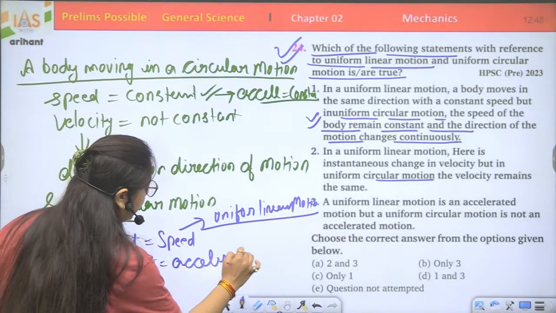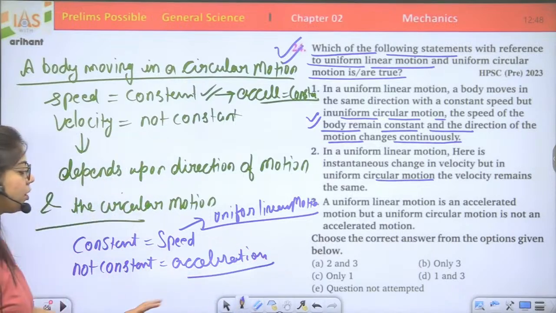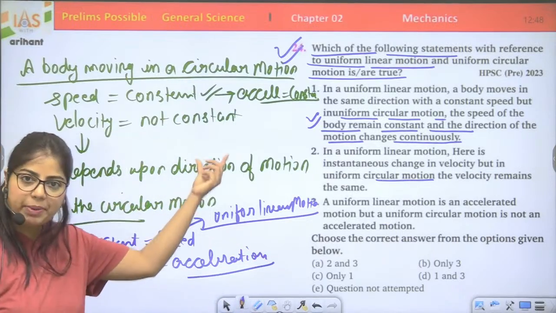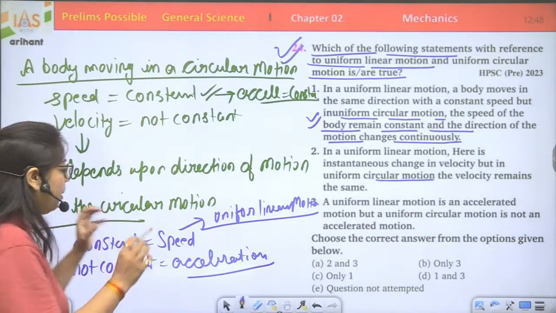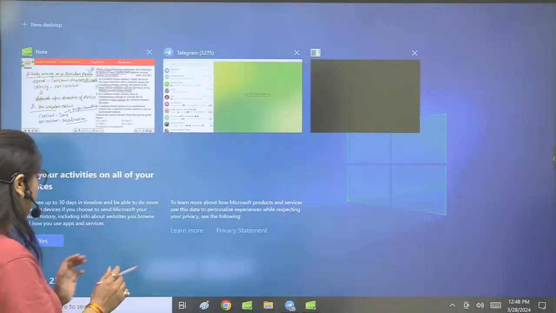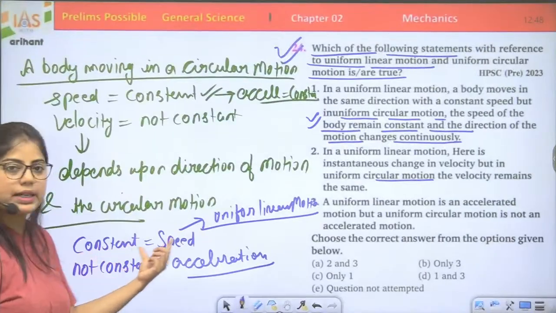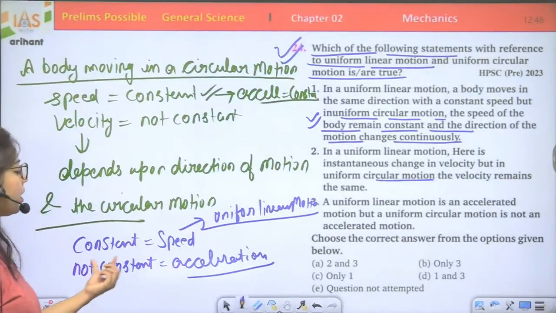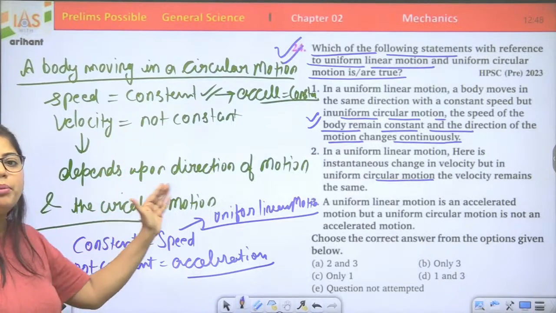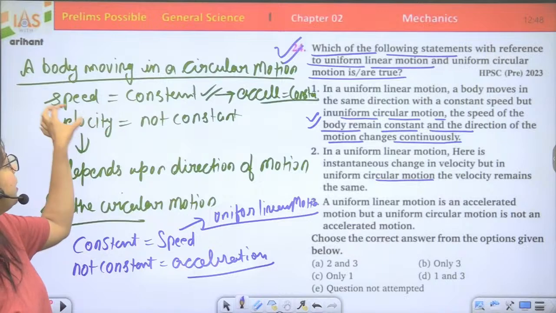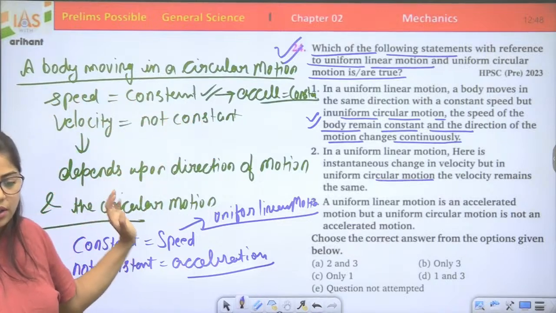But in the uniform circular motion, we have constant speed, constant acceleration, but not constant velocity. But in the uniform linear motion, we have constant speed and not constant acceleration. So there's a difference between uniform linear motion and uniform circular motion, right?